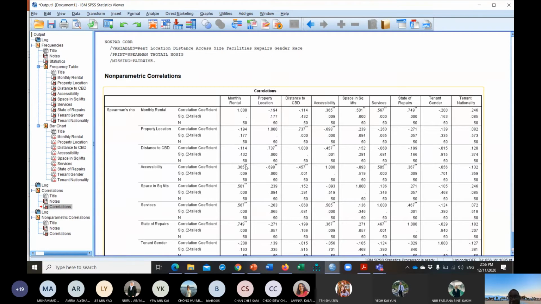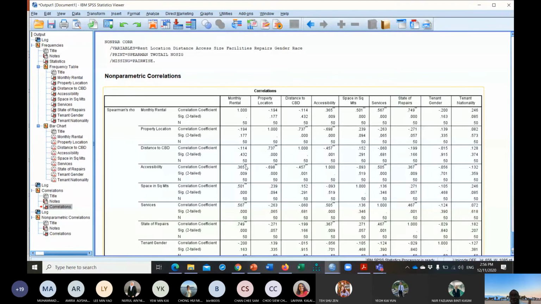So when the star is 1, the correlation is significant at p less than 0.1. When the stars are 2, it means the correlation is significant at p less than 0.05. When it is 3, it could be p less than 0.005.